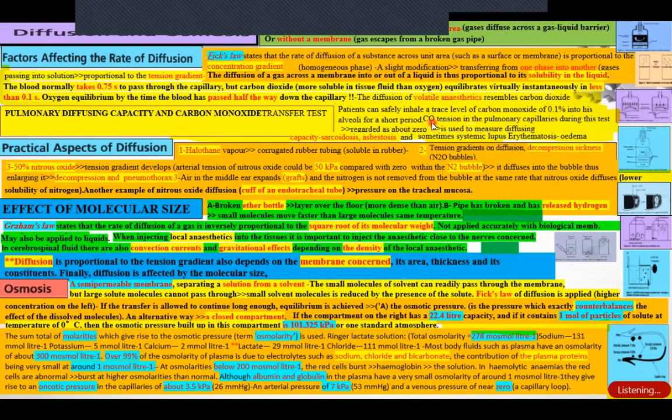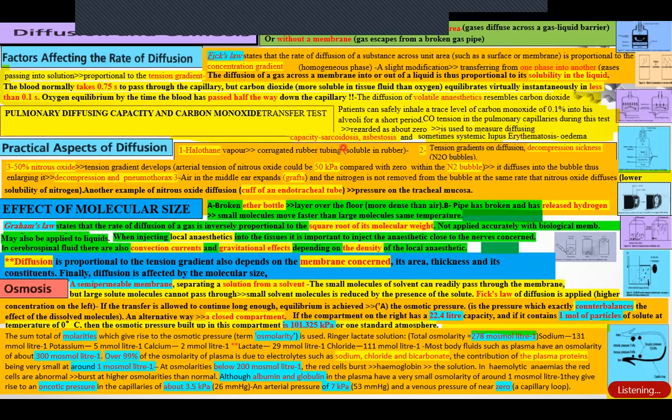It speedily goes and combines with hemoglobin in the blood, so it doesn't give enough time for it to develop a tension in the blood. So we can consider that the perfusion of the blood at that point is not important, because of the speed of the diffusion. We can consider the tension in the blood almost zero. So this test is used for the diffusion, not for the perfusion.